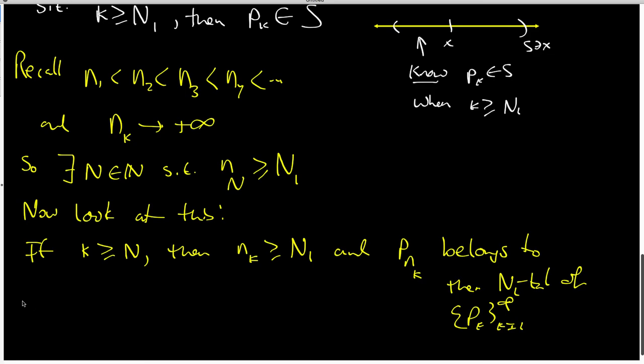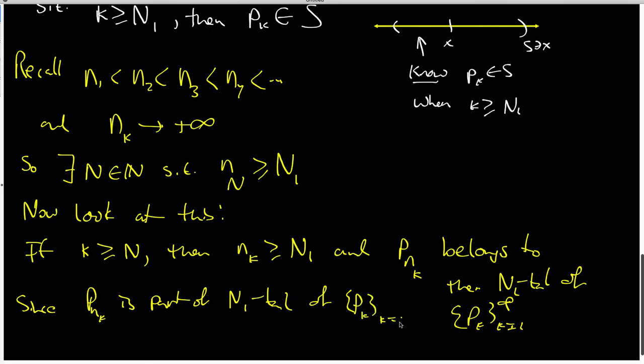Because p_{n_k} belongs to that N1 tail, so, let me make my handwriting just a little bit better. So since p_{n_k} is part of the N1 tail of the original sequence, we know p_{n_k} belongs to S.